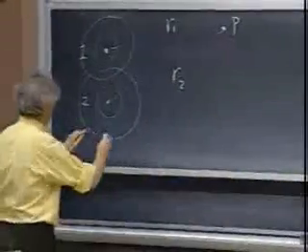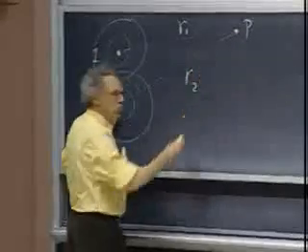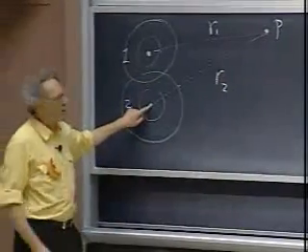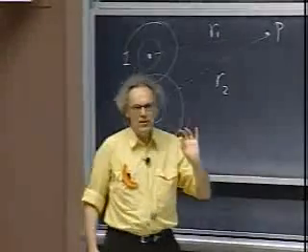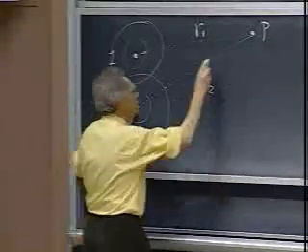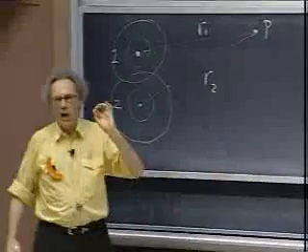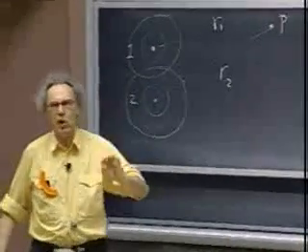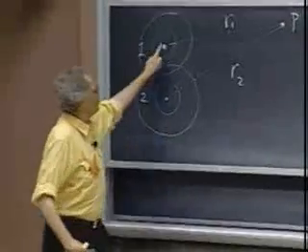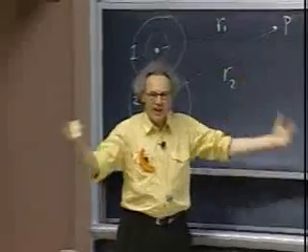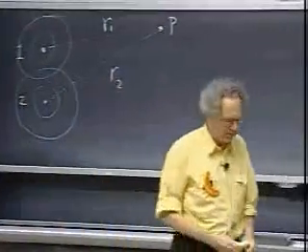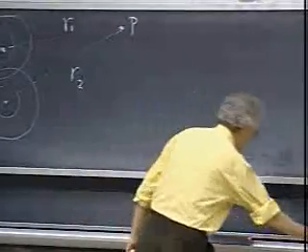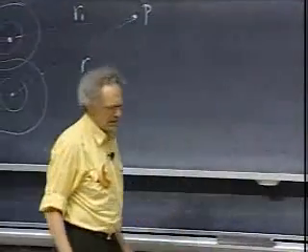Imagine that the path from here to here is 1/2 of a wavelength longer than the path from here to here. That means this wave will have traveled half a period of an oscillation longer than this one. And that means they are exactly 180 degrees out of phase, and so the two can kill each other. And we call that destructive interference.